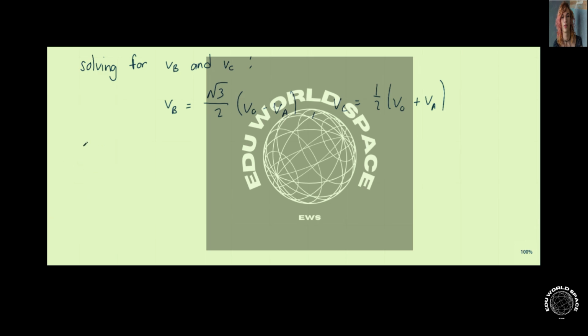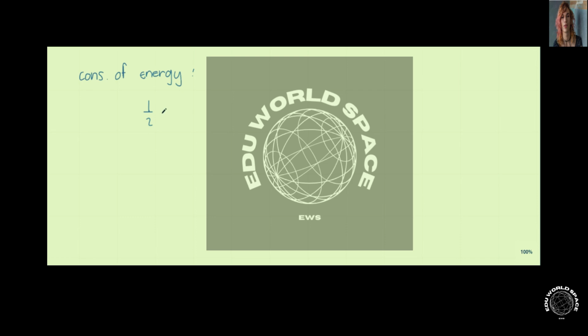So now we'll apply the conservation of energy. We've applied the conservation of momentum, now we'll apply the conservation of energy. And the conservation of energy tells us that the energy before, which is the kinetic energy due to ball A, a half m V0 squared, is equal to the kinetic energies of each of the pool balls, a half m VA squared, assuming that the mass of all these pool balls are the same, plus a half m VB squared plus a half m VC squared.